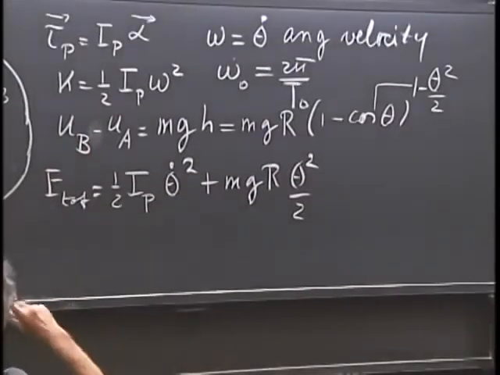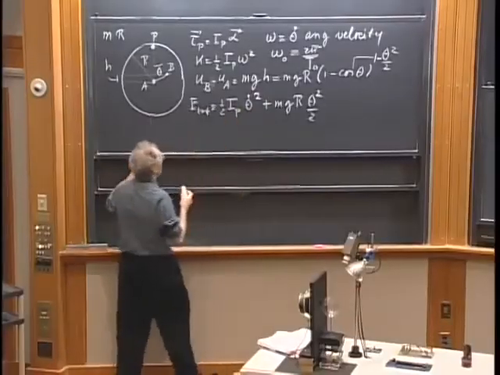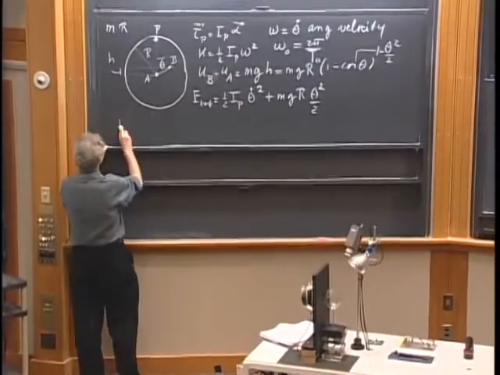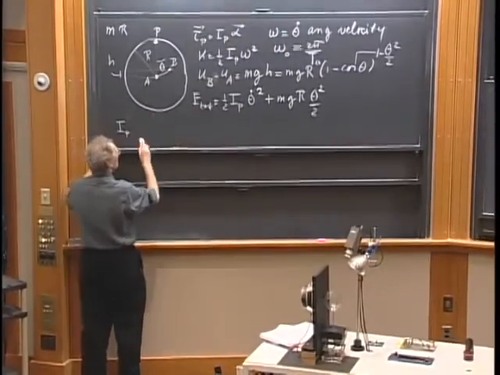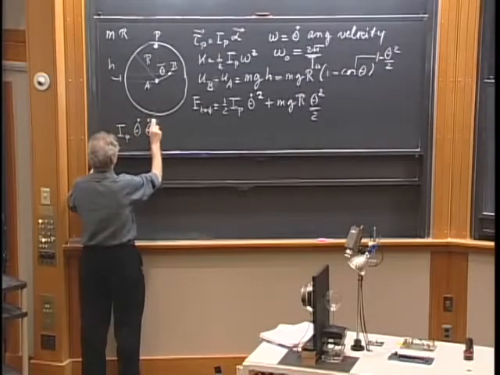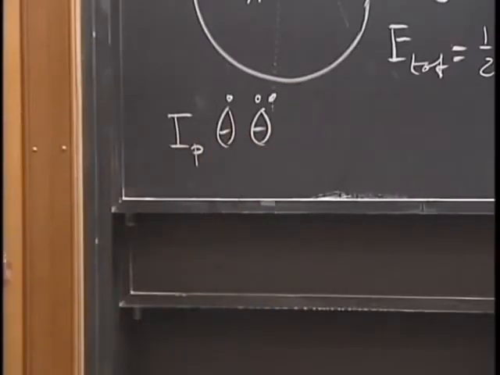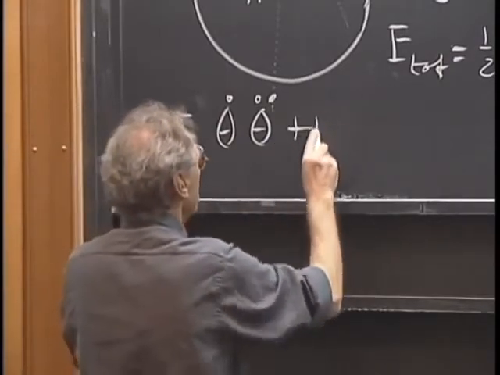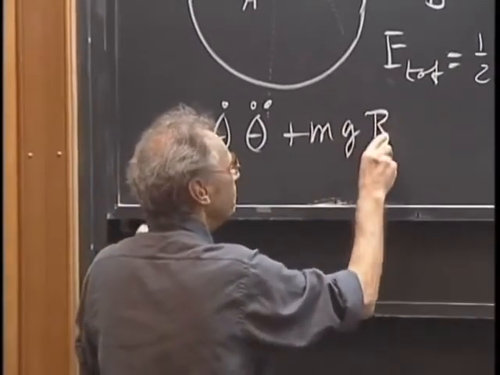So I take the time derivative, so this t eats up this half, and so we get I_P times theta dot times theta double dot. I have to use the chain rule. And then I get plus mgr.